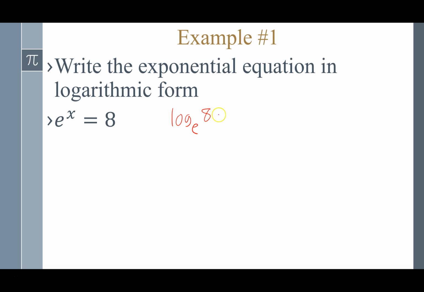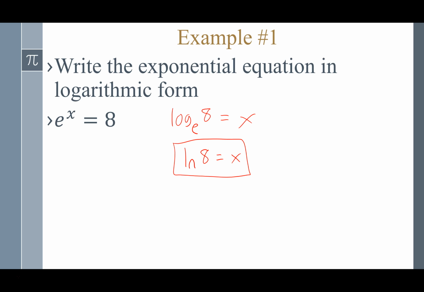So it becomes log base e of 8 equals x. Since it's log base e, we would just write that as ln 8. In the future, I'm not going to be writing log base e again. You just need to naturally know that when you rewrite exponential into logarithm, it's ln, not log base e.